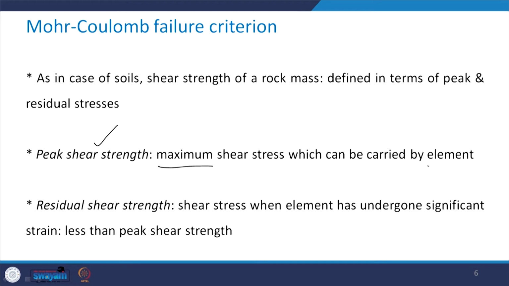When I say element, this means an element of the rock or soil. The next one is the residual shear strength, which is the shear stress when this rock element has undergone significant strain. This residual shear strength is always less than the peak shear strength.